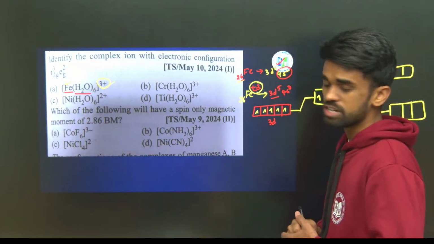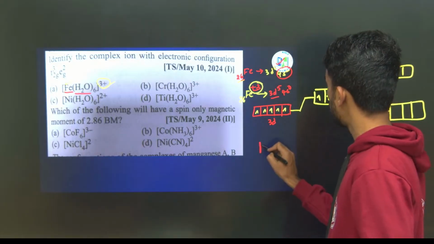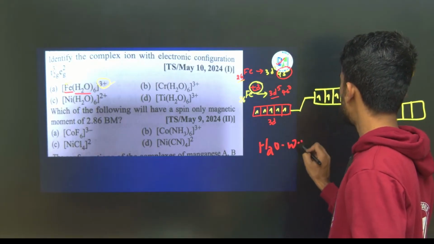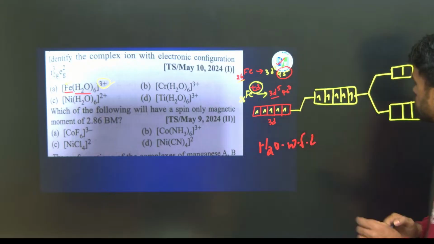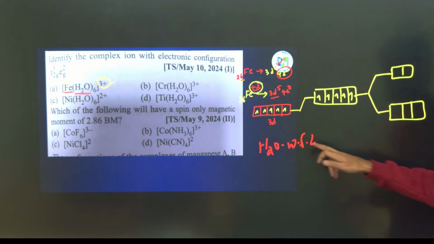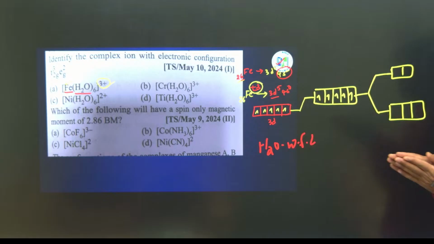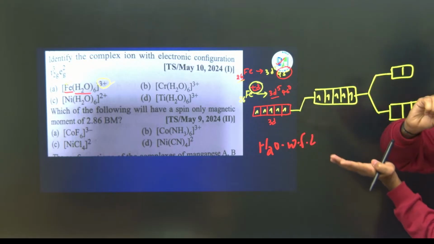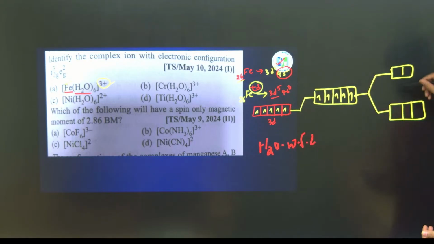Weak field ligand or strong field ligand? Water is a weak field ligand. H2O is a weak field ligand. Therefore, you need to fill the electrons accordingly. If it is a weak field ligand, the name itself says weak field, the splitting will be very weak, the energy gap will be less here. So 1, 2, 3. If weak field ligand, just fill the electrons as in the free metal.